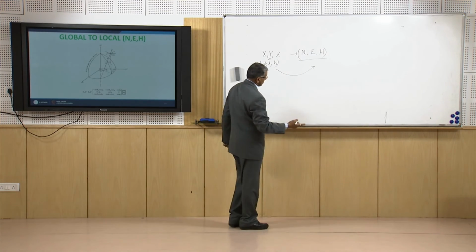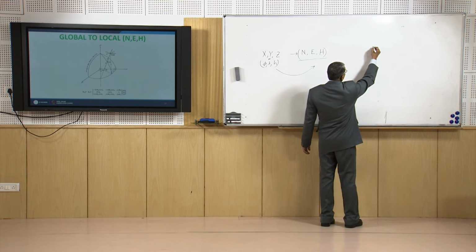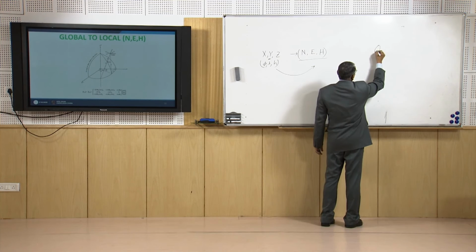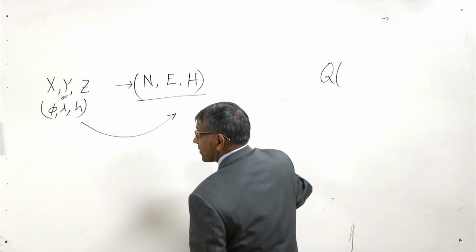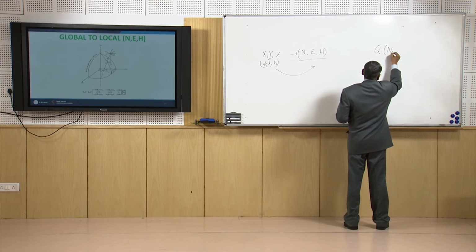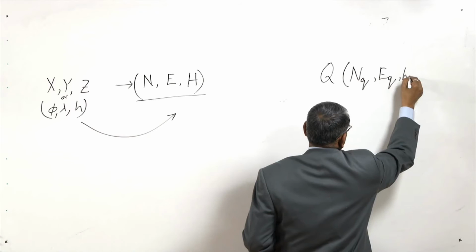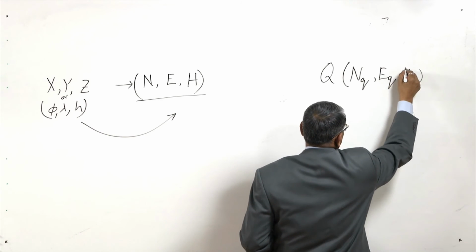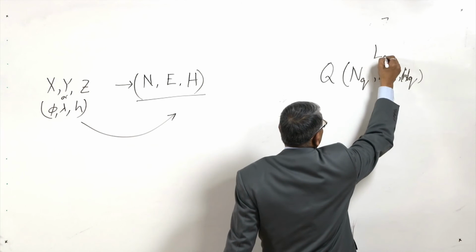Now for this, we need to have a few more things. Suppose I want to find out the local coordinate of any point Q. So suppose the local coordinate is represented by NQ, EQ and HQ, northeast and height of the point Q. This is the local coordinate. I can represent it by a matrix.